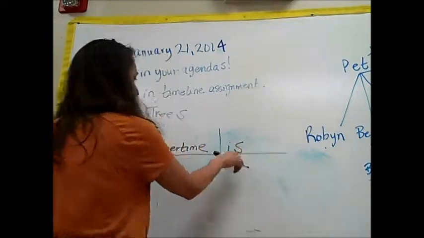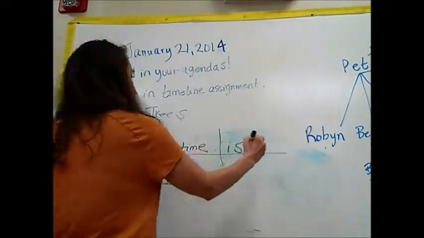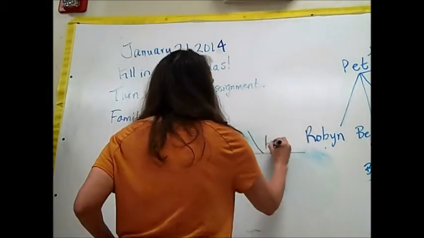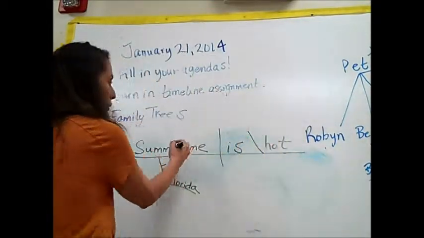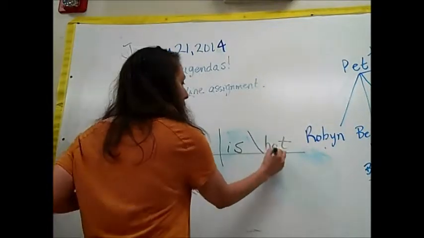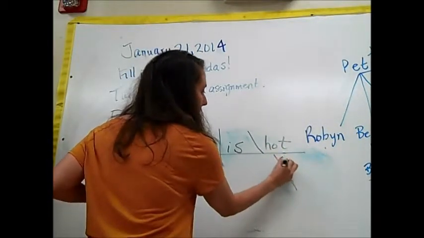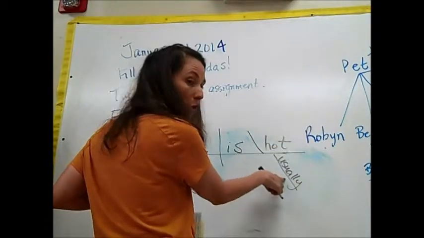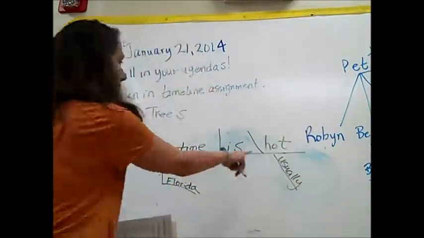Is our linking verb. We call this our predicate also. It's a simple predicate of our sentence. Is hot. Hot is our predicate adjective telling us more about the summertime. Usually is an adverb modifying our adjective hot. It's usually hot, but not always. So here's the complete sentence.